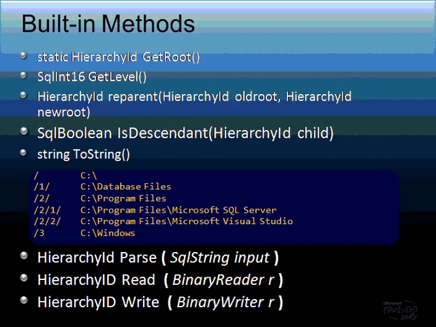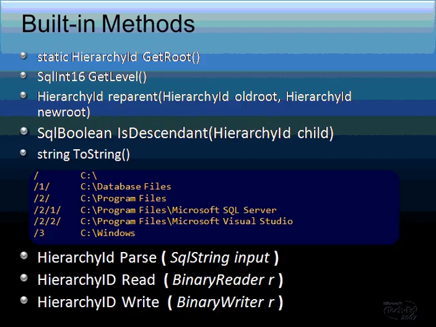Okay, I will keep going to the next slide. Right now I'm on slide number 7. As I mentioned earlier, in addition to the hierarchical ID type and all its semantics, we also created all the necessary and important built-in methods for manipulating, querying and operating on hierarchical data.